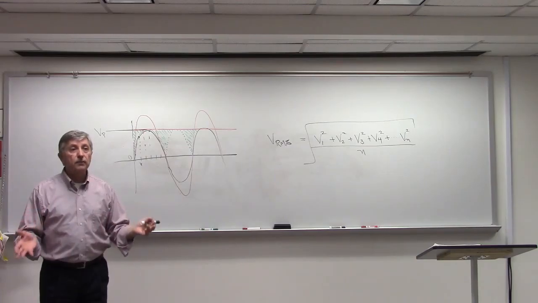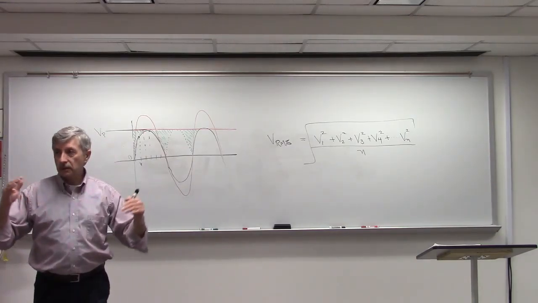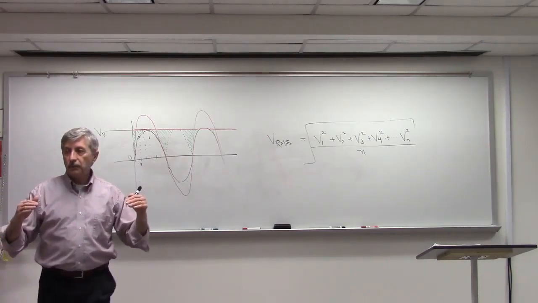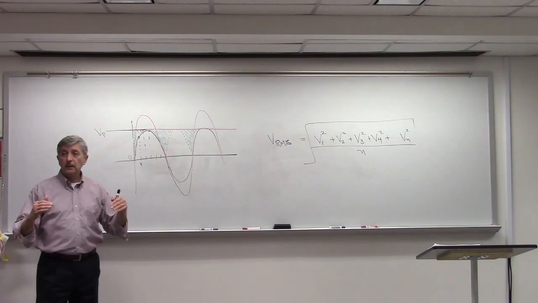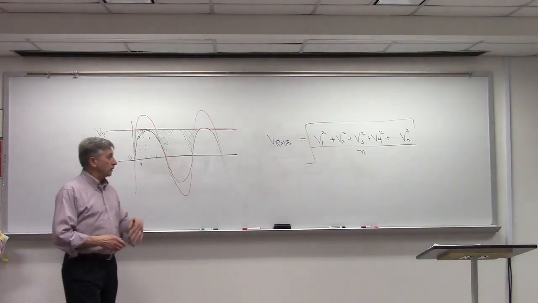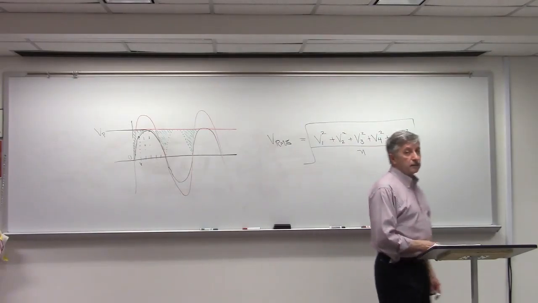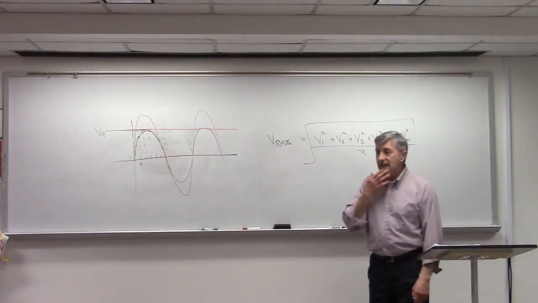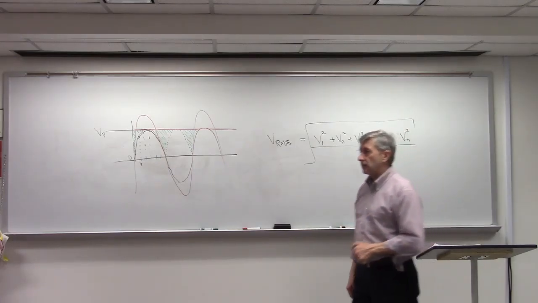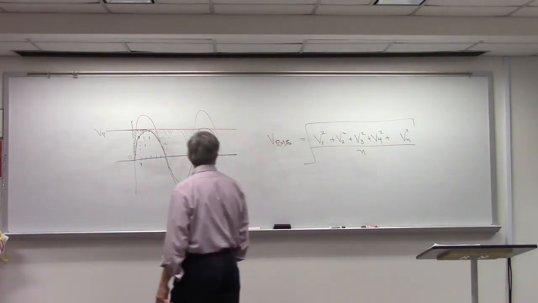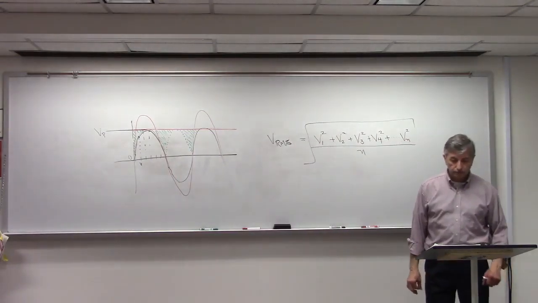Obviously, if I have an infinite number of points, that's when it's going to be exact, and that's where calculus comes in. If you want to find the RMS value based on an infinite number of points, then you have to use calculus to do that. But we can get very, very close with just a discrete number of points, 10, 15, whatever. Okay? But that's the formula.